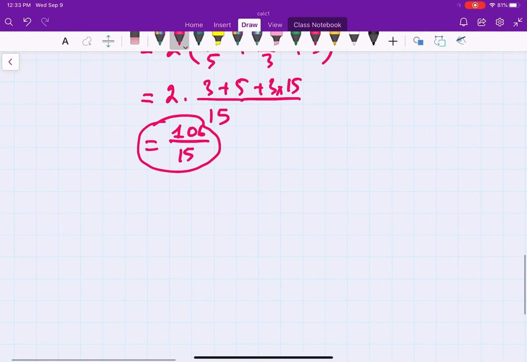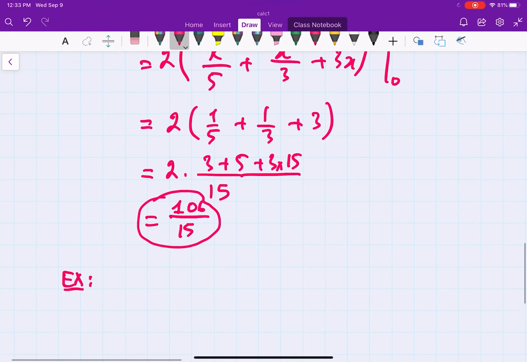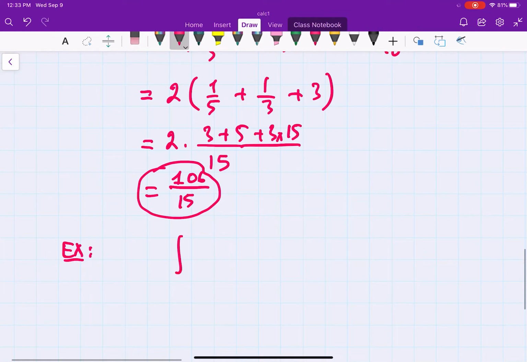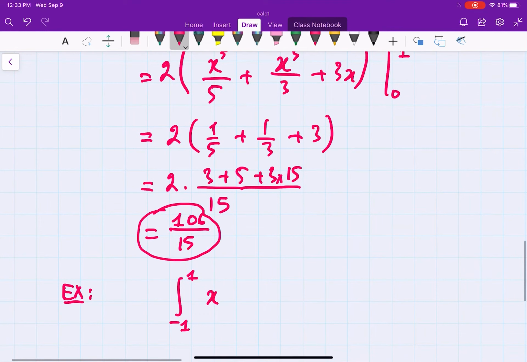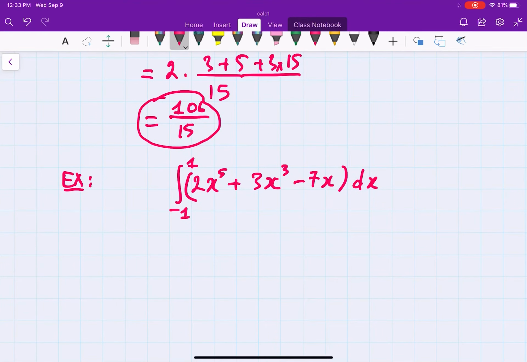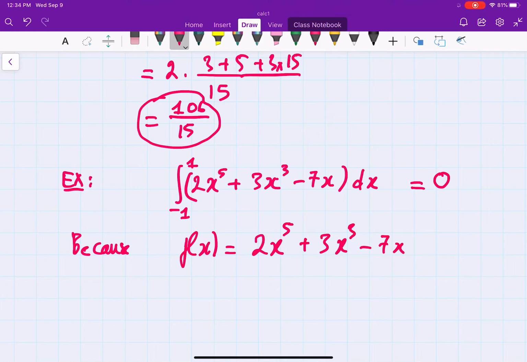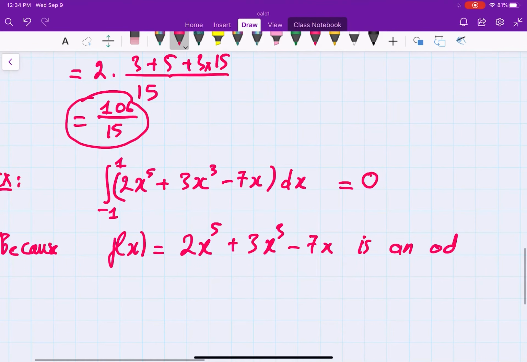Let's consider another example. If I change the function a little bit, let's evaluate the integral from -1 to 1 of 2x to the 5th plus 3x cubed minus 7x dx. Okay, so you can write the answer right away. That is 0. Why? Because the function f of x equal to 2x to the 5th plus 3x cubed minus 7x is odd.